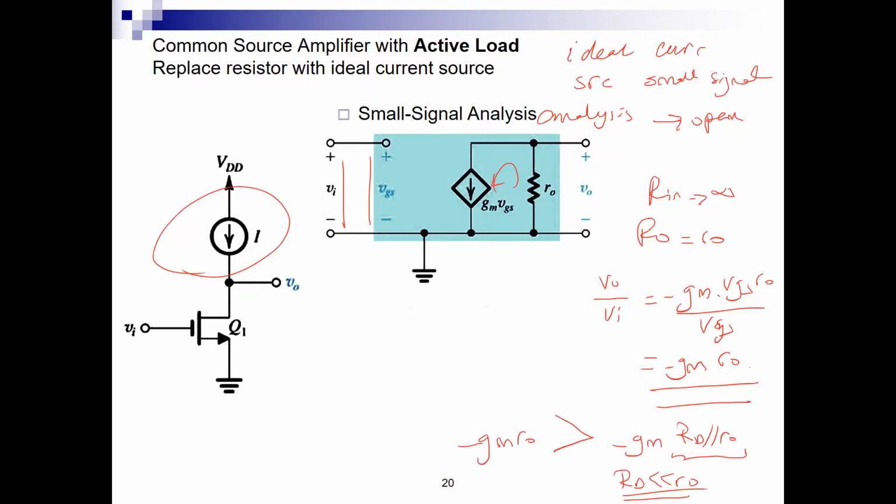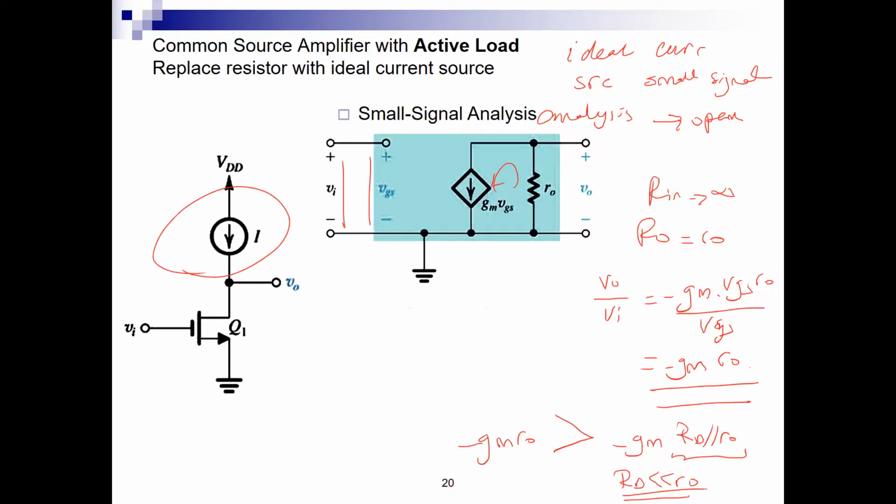So if I don't load the circuit explicitly with a small resistance, my gain will be maintained. In this case I will be able to maintain the intrinsic gain of the transistor.